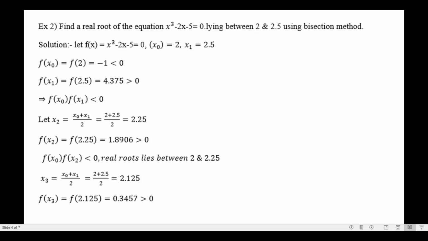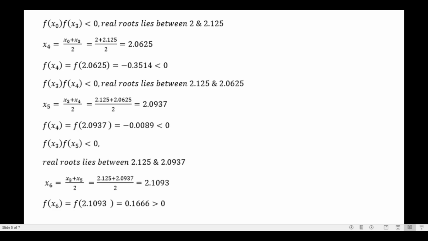The next approximate root x3 is x naught plus x1 by 2. That means 2 plus 2.25 by 2, that is 2.125. F of x3, we measure f of 2.125, that is 0.3457, which is greater than 0.